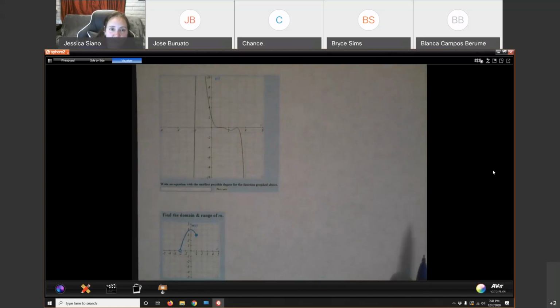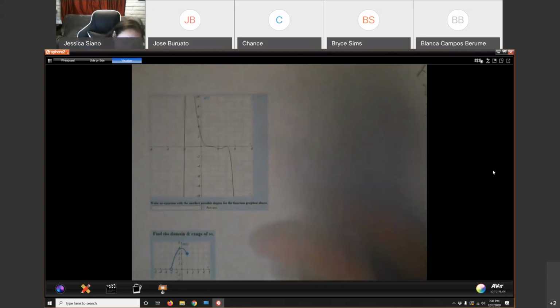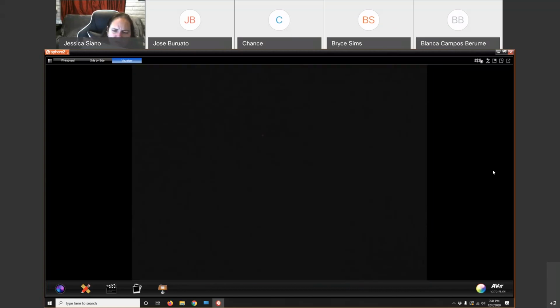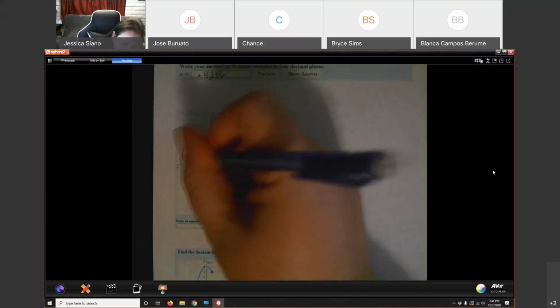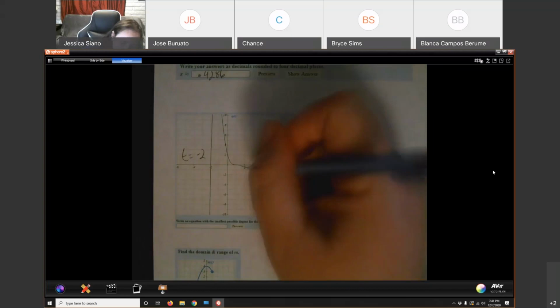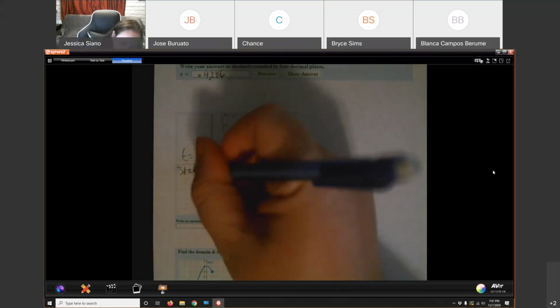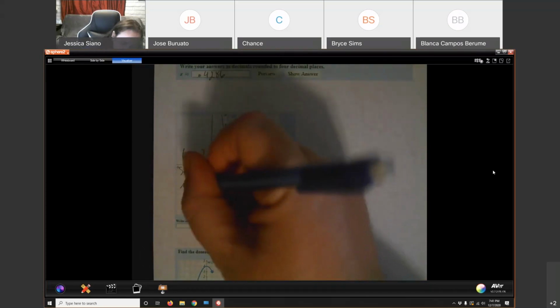All right, another polynomials question. So let's write the polynomial here. So here I have a 0 at -2. What letter do they use here? Is that a T? So T equals -2. It crosses straight, which means its multiplicity is 1.